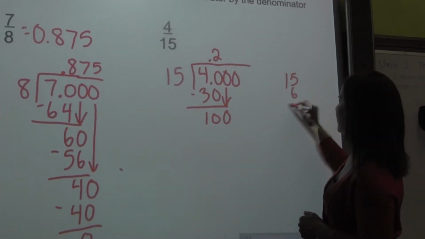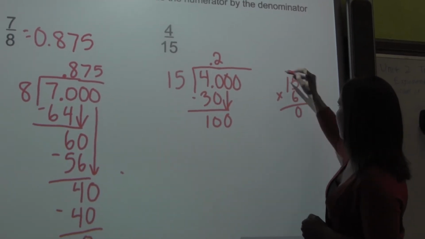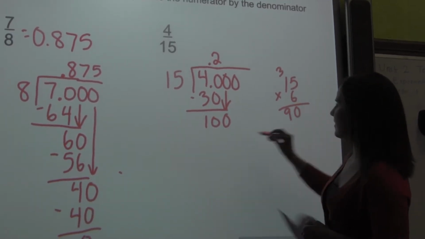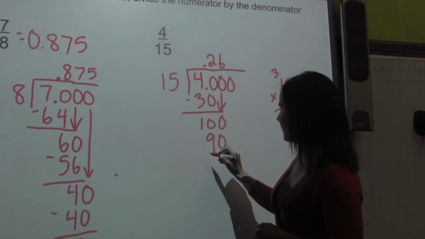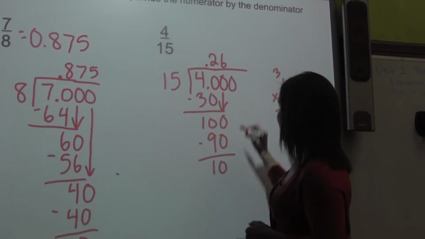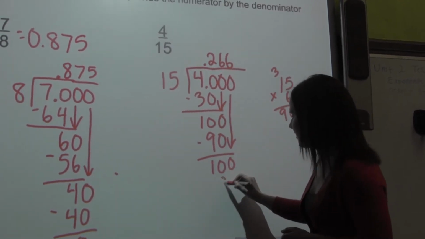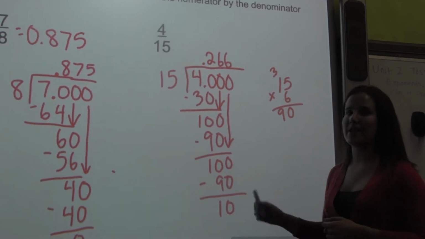Let's try 6 times. 6 times 5 is 30. 6 times 1 is 6, 7, 8, 9. When I subtract, I get 10 again, which means this would be a 6 here. And I'm left with a remainder of 10.